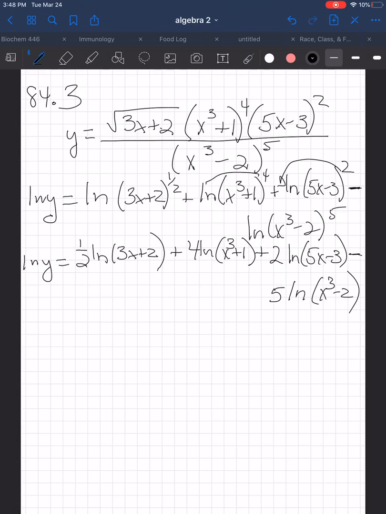So this will be 1 over y dy, and this will be 1/2 times this, so that'll be 2 and the 3x plus 2, but don't forget we have to multiply by the derivative of what's inside here using the chain rule.